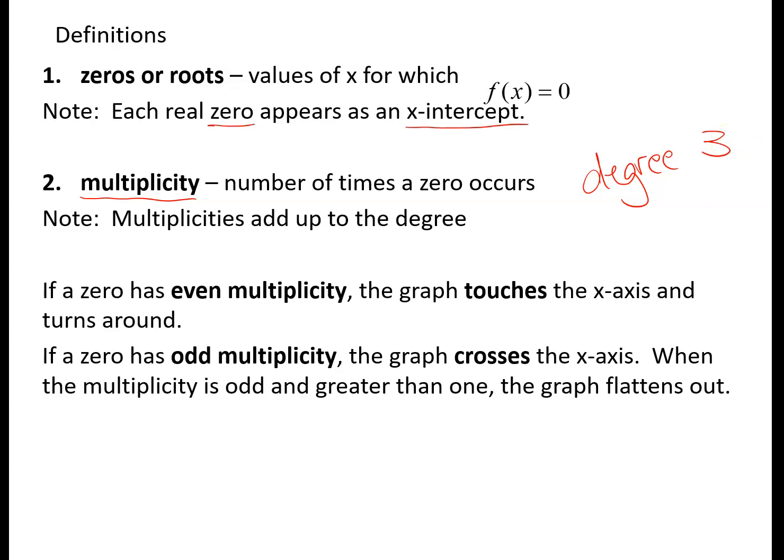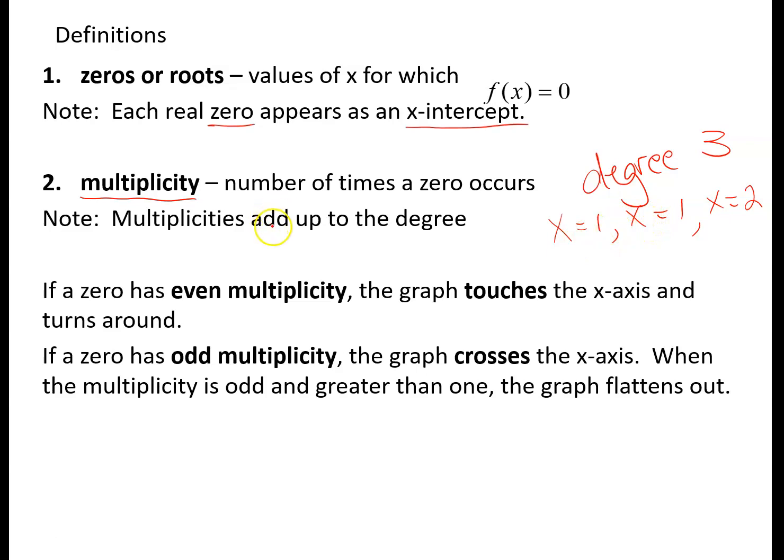It could be that I get x equals 1, x equals 1, and x equals 2. So that's 3 zeros of the function. However, this one occurs twice, so we would say x equals 1 has multiplicity 2.